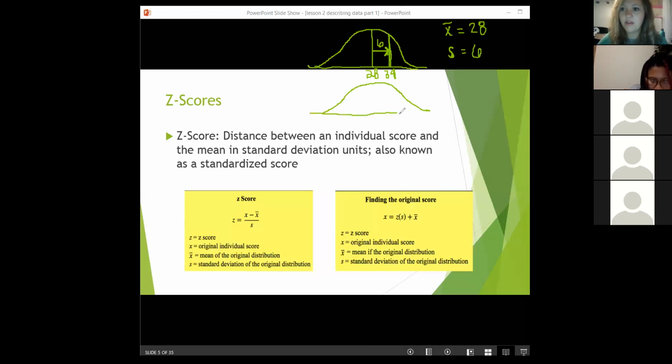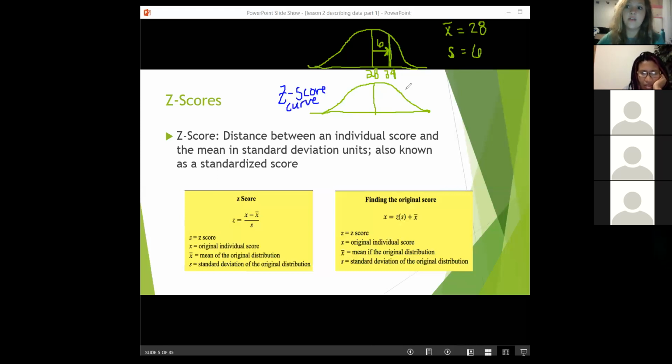Now I'm going to standardize those original scores right there. Down here, actually I should make this a different color, this is going to be our z-score curve.